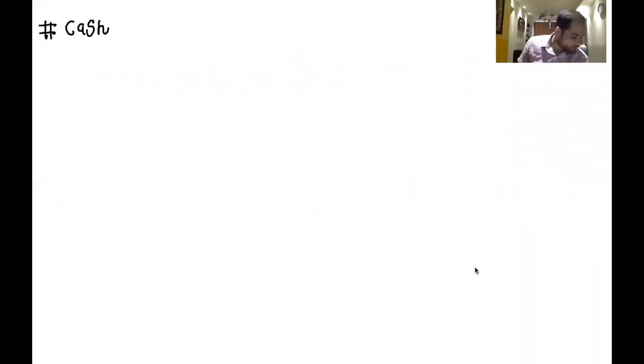Now we start with the next element of working capital, which is cash. The same thing we're going to do here. We will have a look at what is the cost of holding excess cash or the cost of holding insufficient cash.